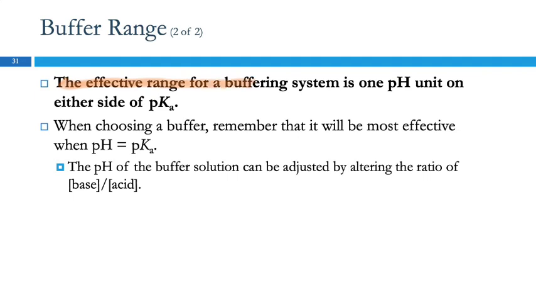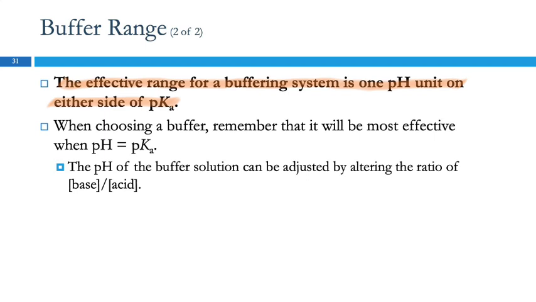So the effective range for a buffering system is 1 pH unit on either side of pKa. And you'll have the best effect when the pH of your buffer is equal to its pKa, meaning the concentrations are equal. So sometimes we need a buffer that has a particular pH.